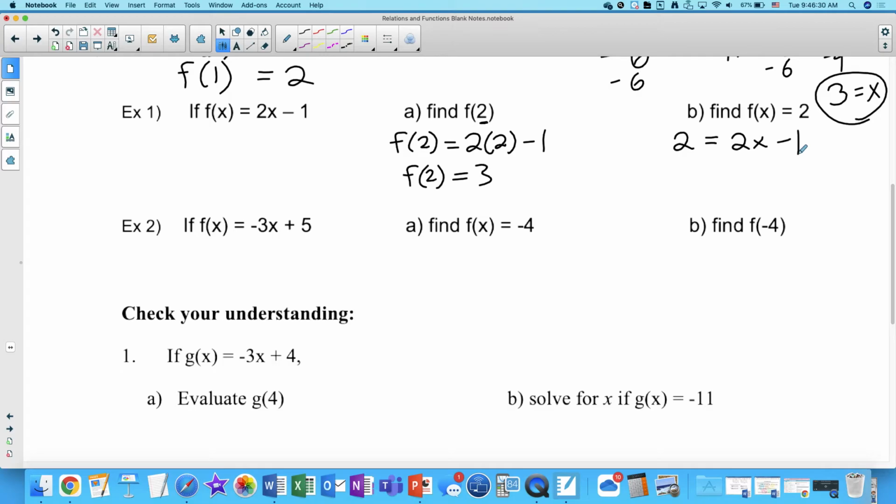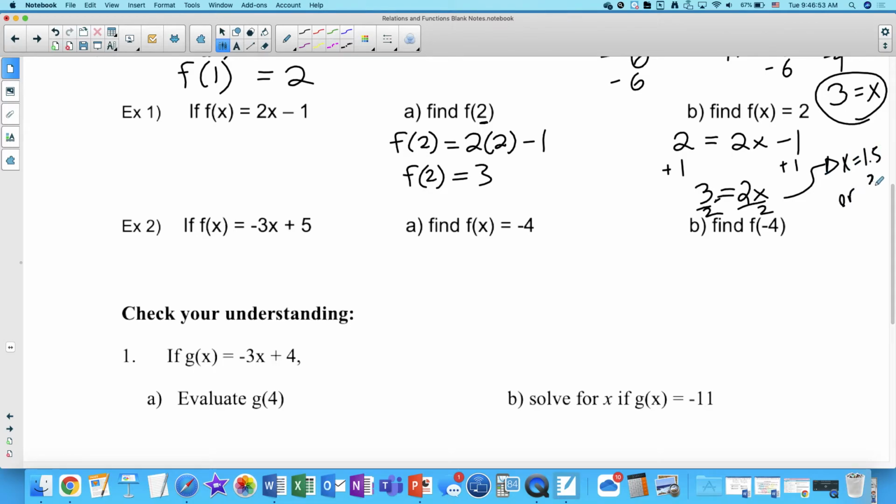Divide both sides by 2, and you end up with 3 over 2, or 1.5, equals x. That corresponds to the coordinate point (1.5, 2).